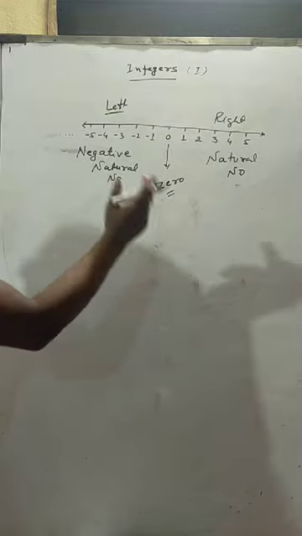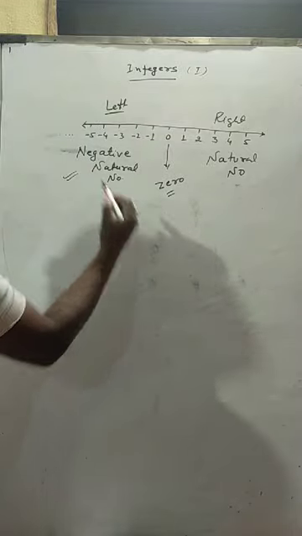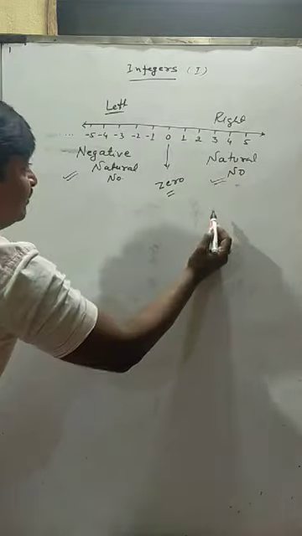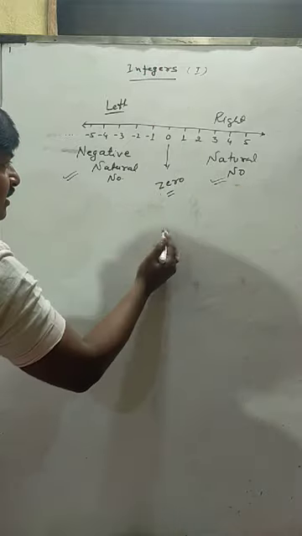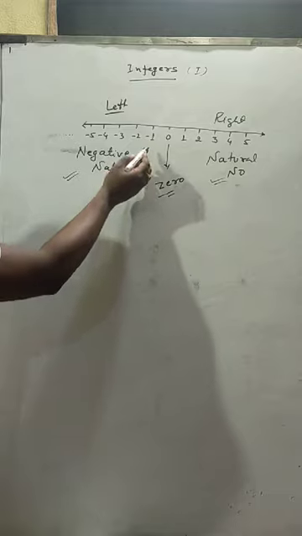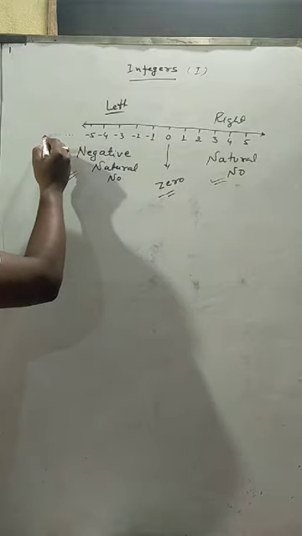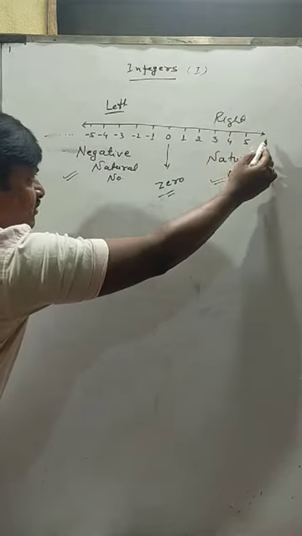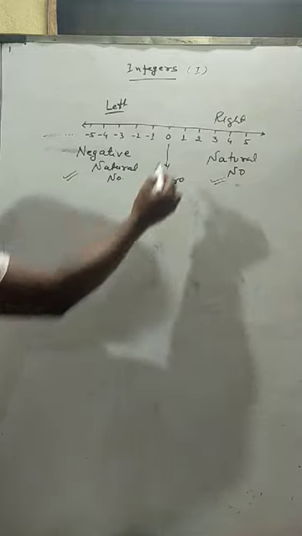So we can say that an integer is a set of negative natural numbers, positive natural numbers, and 0. This side, negative natural numbers go up to infinity; this side, positive natural numbers go up to infinity; and the 0.